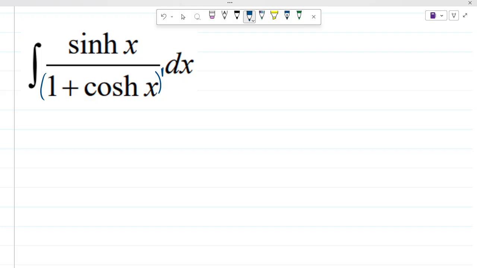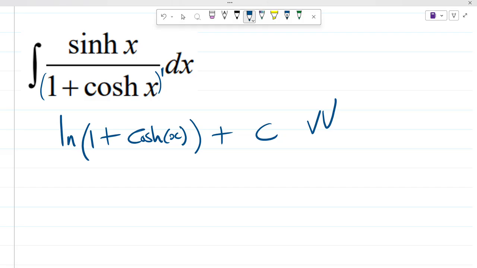But what can we do? It's maths. So if this is f of x, then that becomes f prime of x, and we conclude it's the natural log of 1 plus hyperbolic cos of x, plus c. Ta-da! You have your answer.